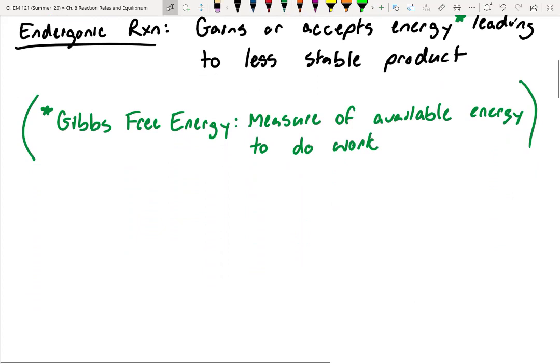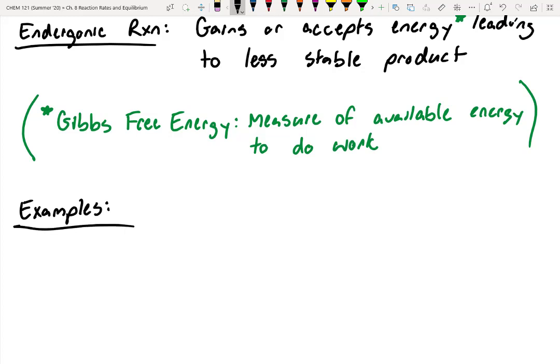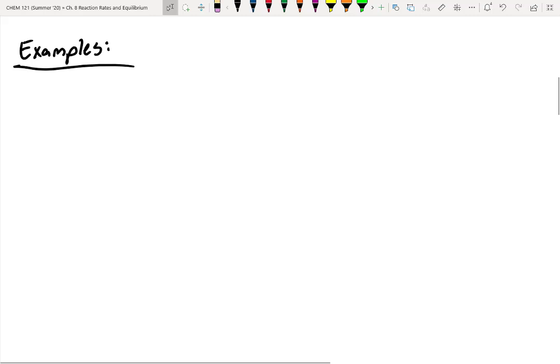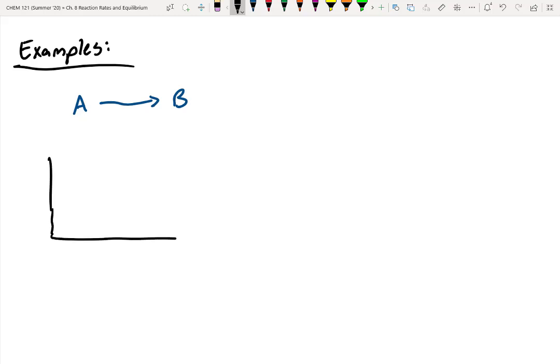Okay, so let's take a look at some examples. In these examples, we'll try to make them pretty simple and generic. So let's consider a reaction. In this reaction, I'm going from A to B. What we can do as chemists is plot this using what are called energy diagrams.